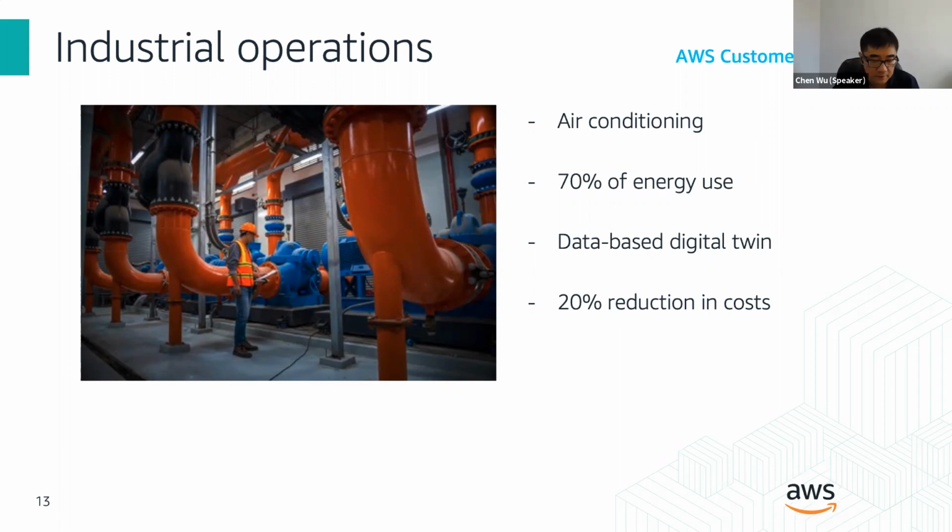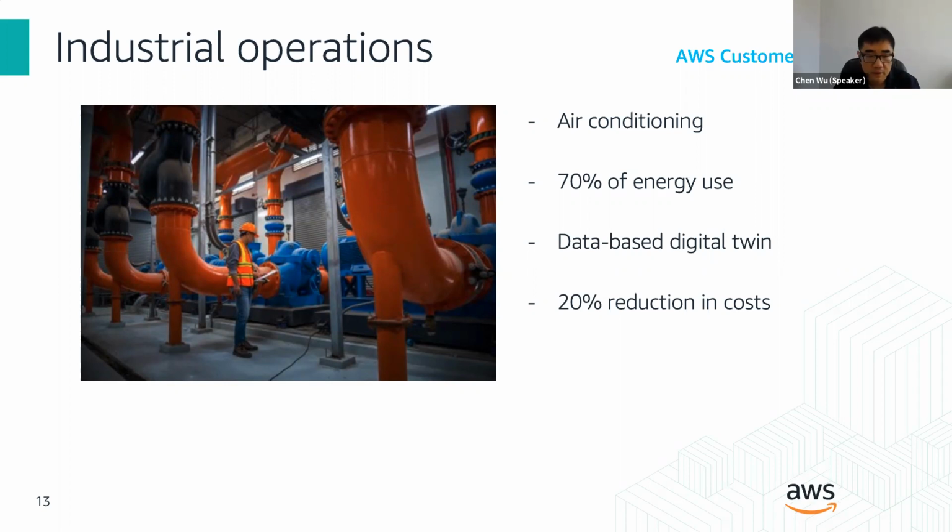In that case, we actually built a digital twin in order to model the relationships between the demand and also the efficiency of the AC units. It turns out that that's one of the crucial metrics.